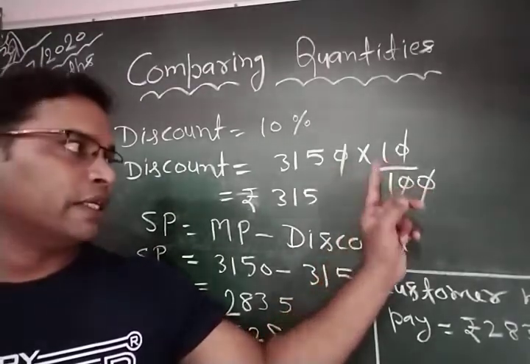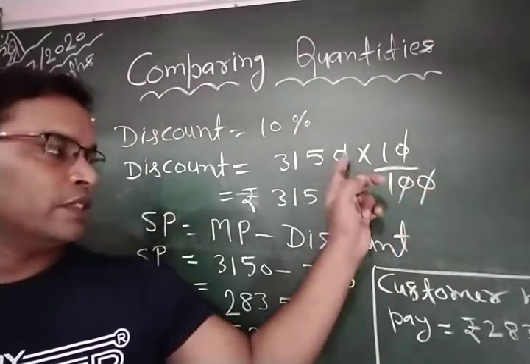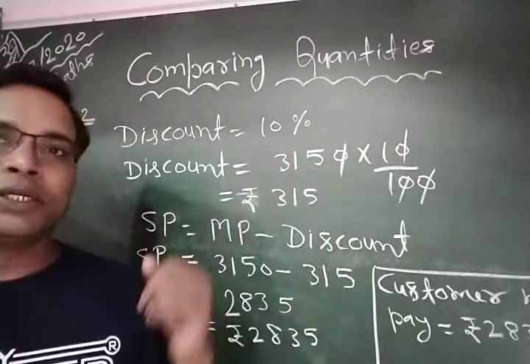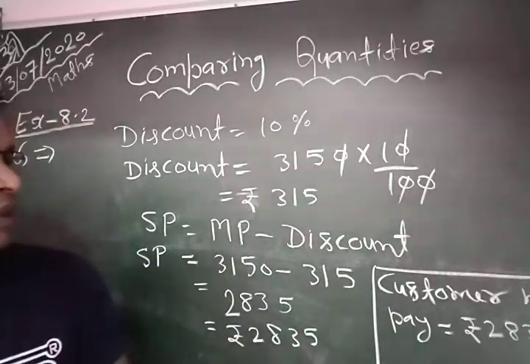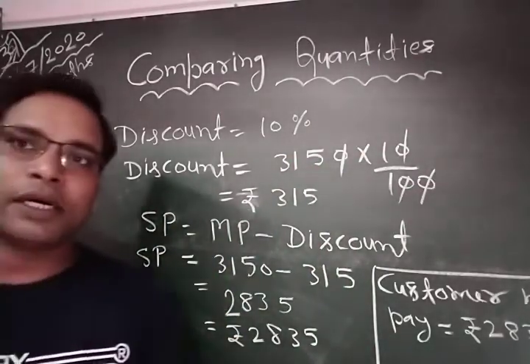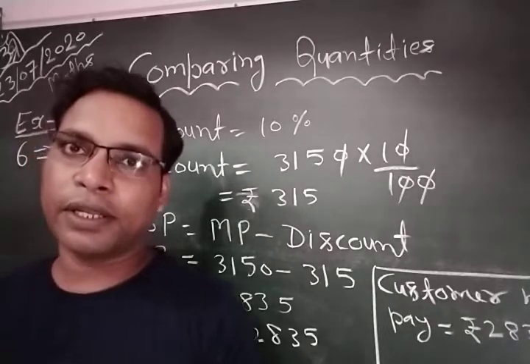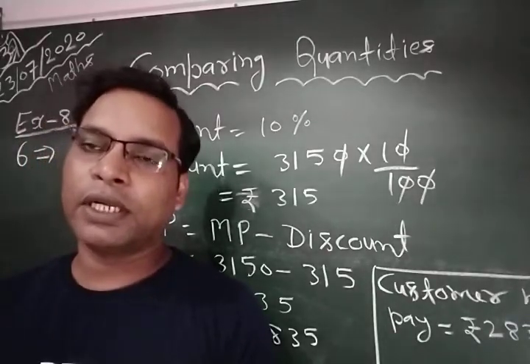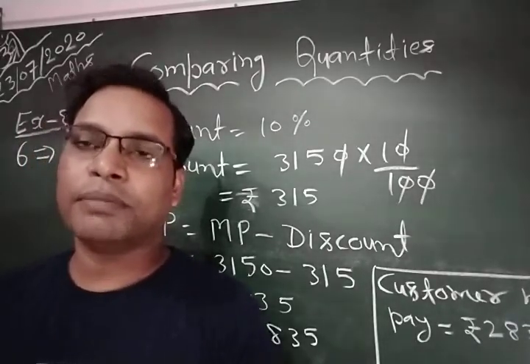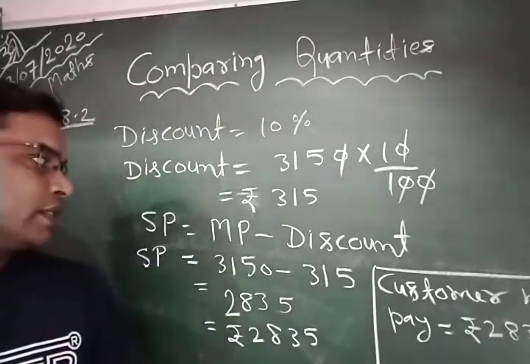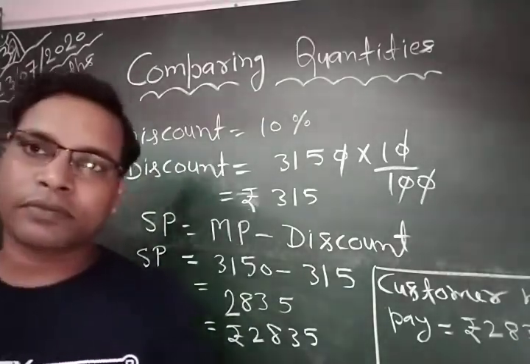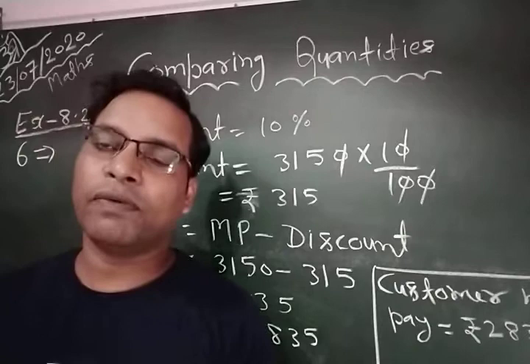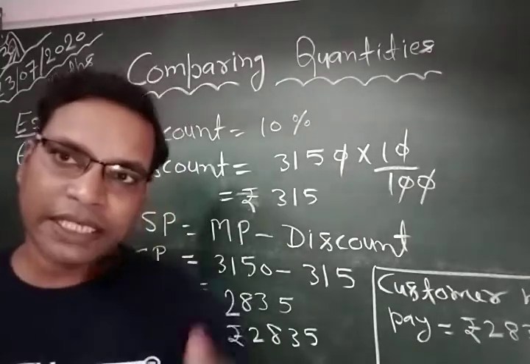It means 10 by 100. So here 0 and 0 cancel, 2 zeros cancel. We obtain the discount as 315 rupees. Now we find SP, the selling price. Selling price is equal to marked price minus discount in each case.